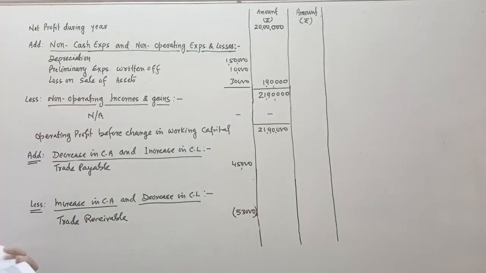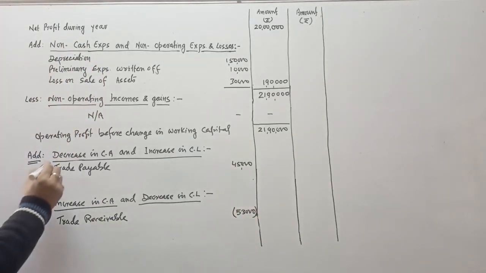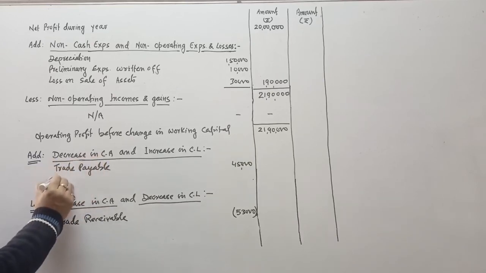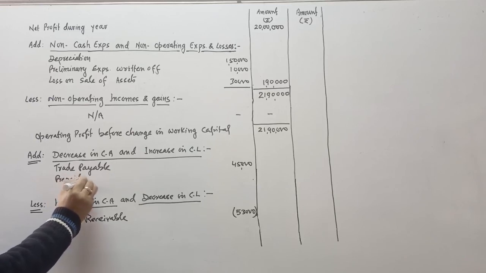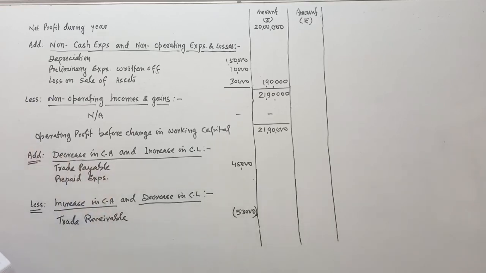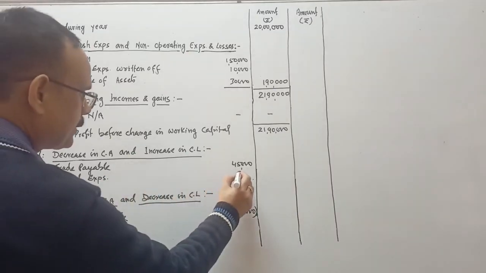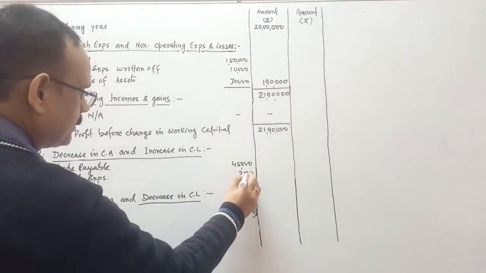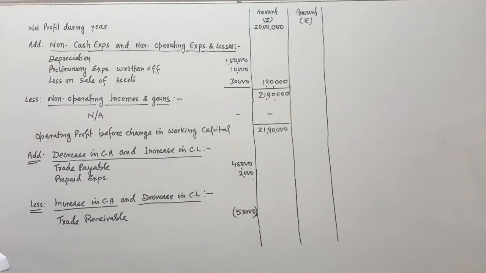Next is prepaid expense decrease. Prepaid expense is a current asset, expenses paid in advance. So decrease in current assets. Prepaid expense decreased by 2,000, so we will add it. Next is outstanding expenses.